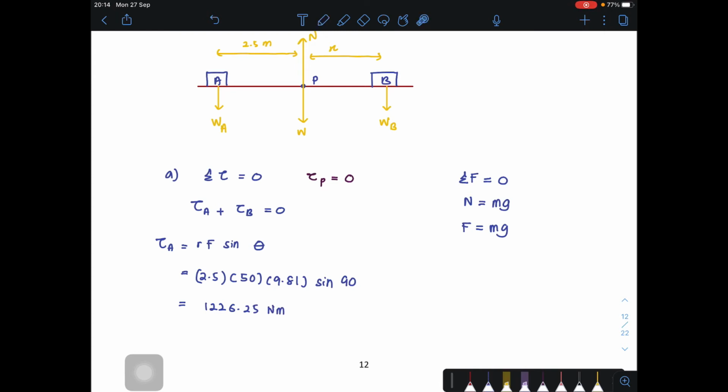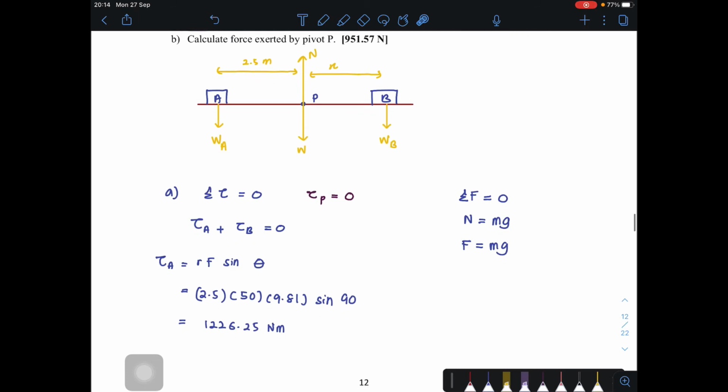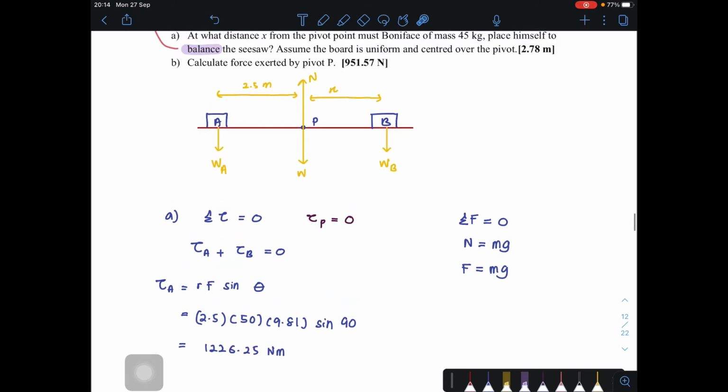And then now we want to know the direction. Since our force is downward, because force is equal to mg, our force is downward now. So when this one goes down, this side will go up, right? So it means our beam will rotate like this. Because this side goes up, this one goes down, so it will rotate like this.